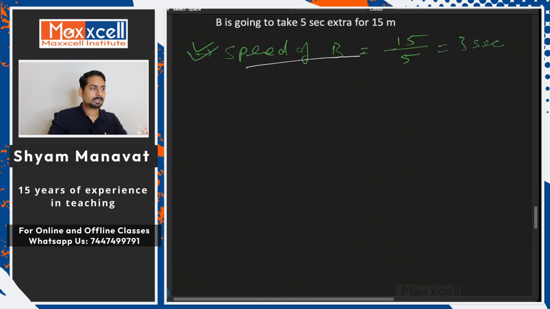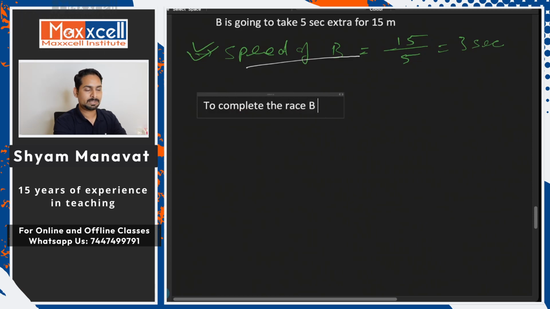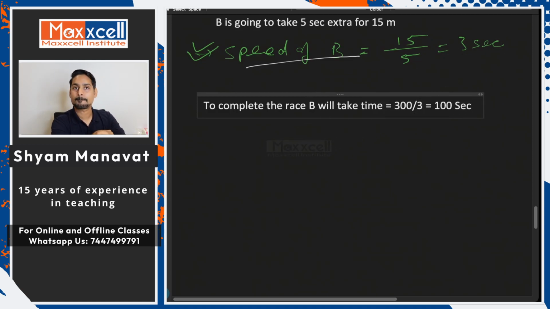Let me show you. If B's speed is 3, then to complete the race, B will take time equal to what? Distance by speed. That means 100 seconds.